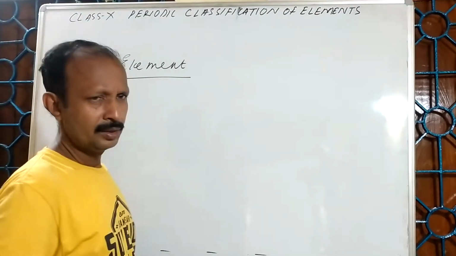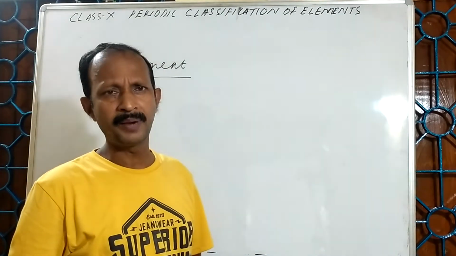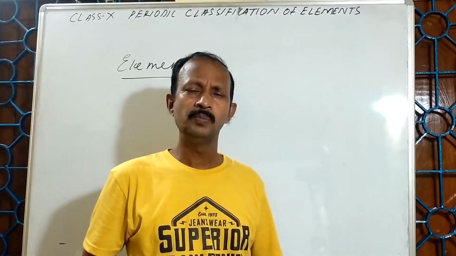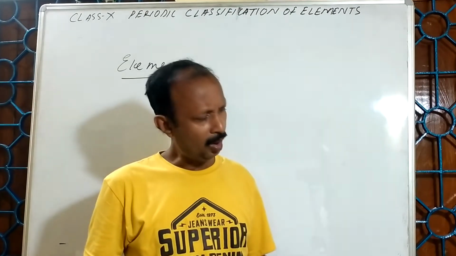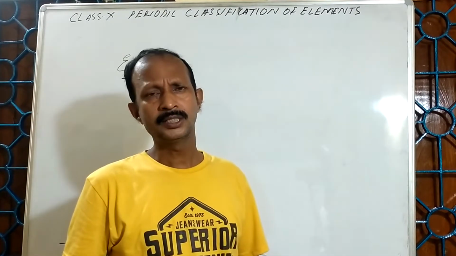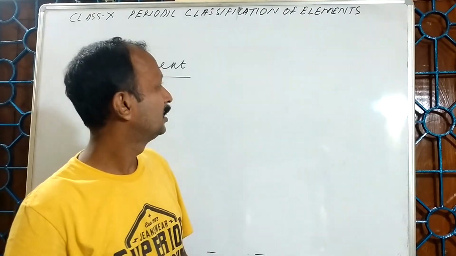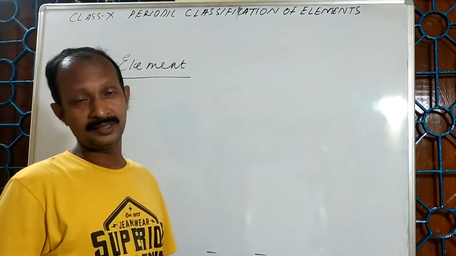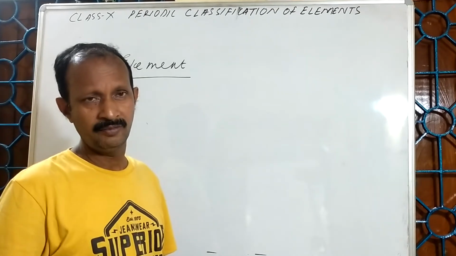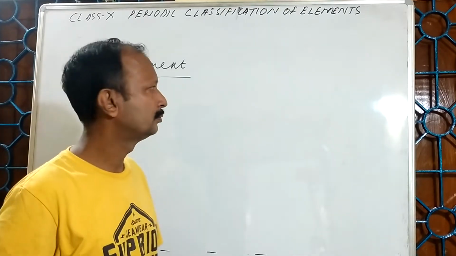In lower classes you might have studied that an element is the simplest form of matter which cannot be decomposed into simpler ones, or you can say the substance made up of similar atoms. We say element. But since it is the 10th class, I would like to give a different definition which will be more appropriate for you.